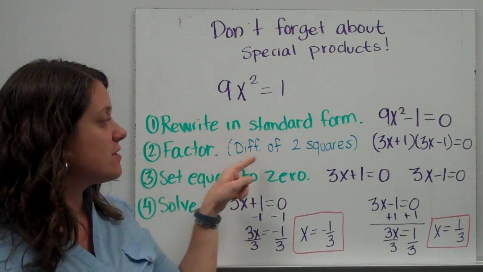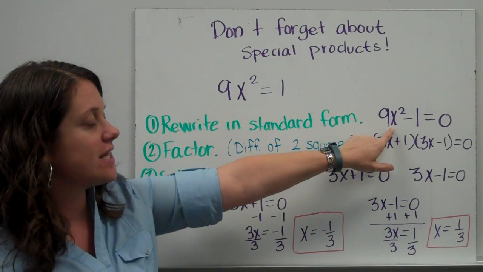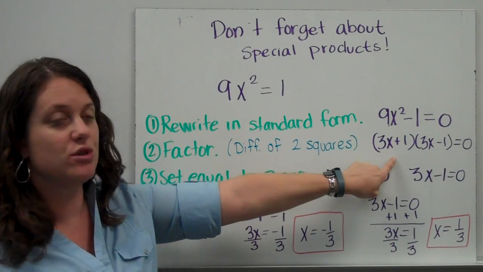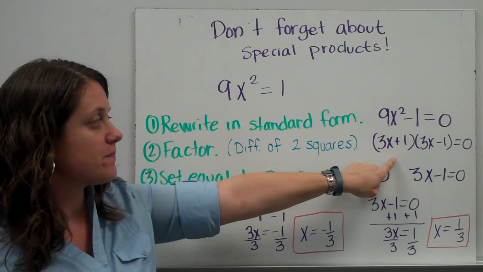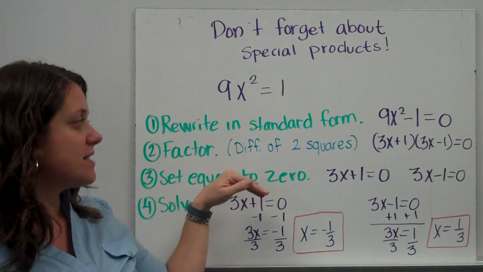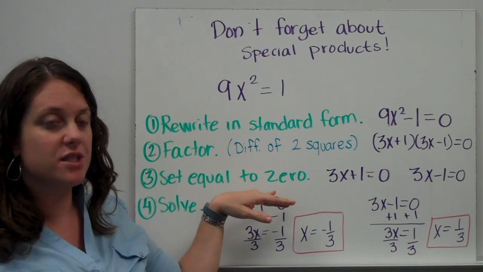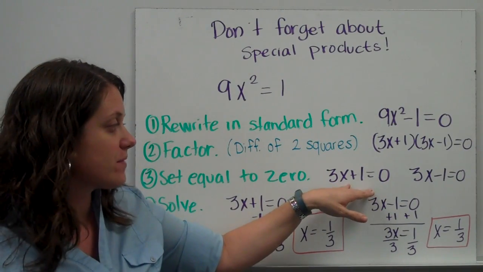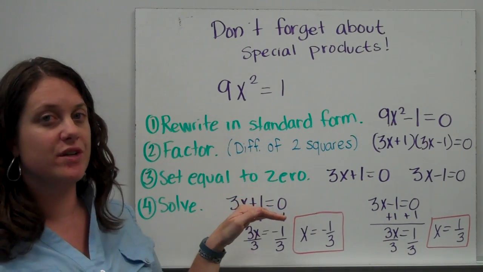So once I start factoring this, hopefully you realize by looking at it that it was a difference of two squares. So I factor it using the rule for the difference of two squares. Once I do that, I'm going to set each of the factors equal to 0. From there, I solve each equation.